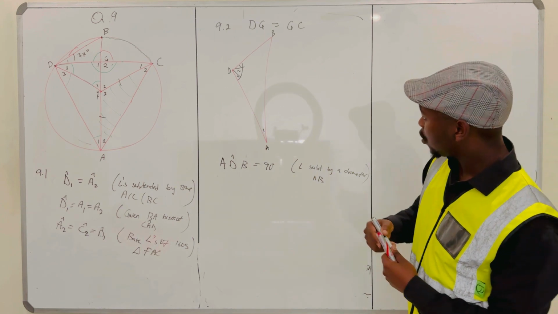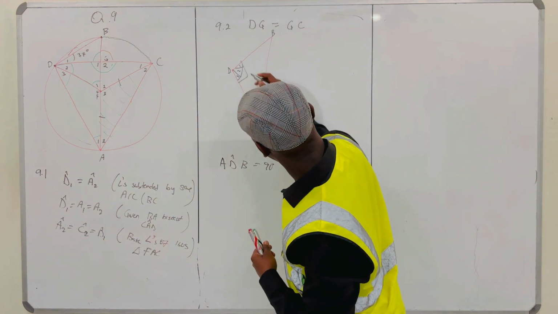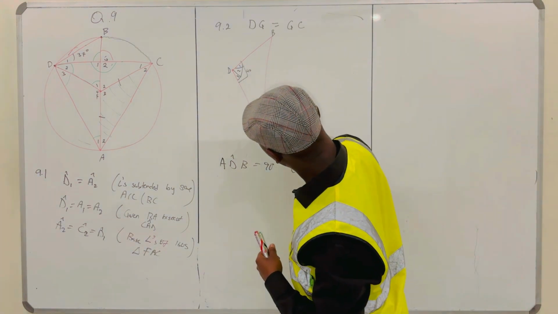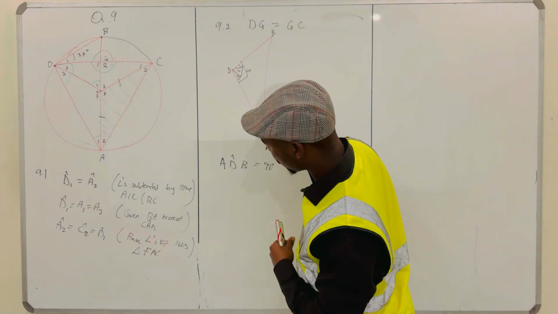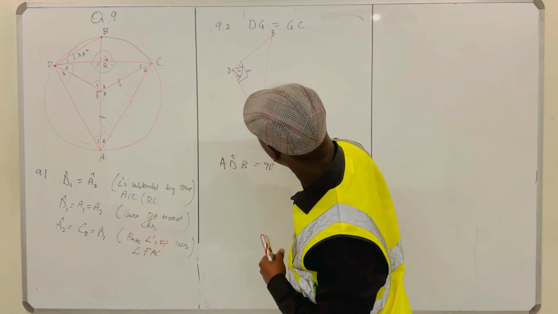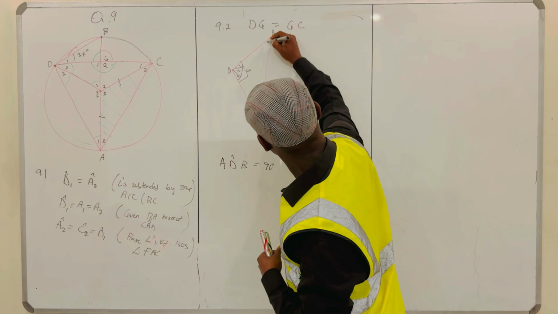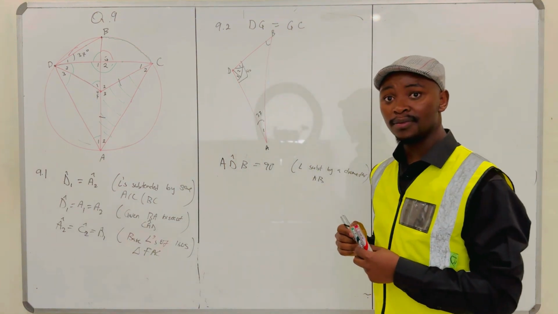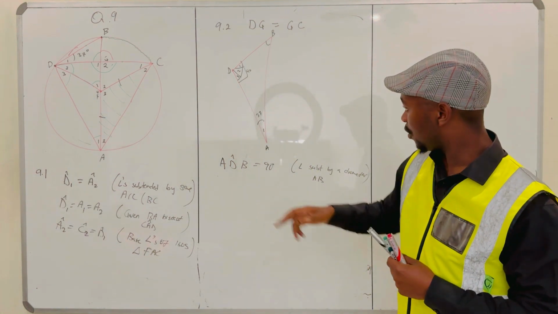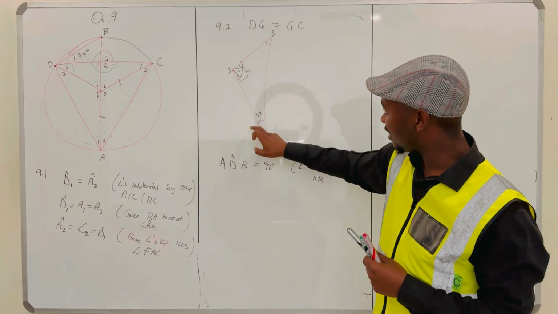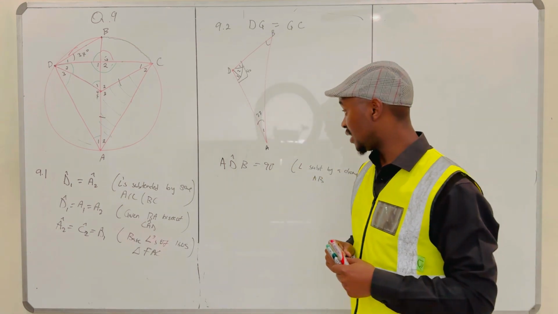Okay, now that we have that this angle here is 90, and we have this one that we solved before, that we said is equal to D1, which is 37. Can we find this angle? Yes, because all angles in a triangle add up to 180 degrees.